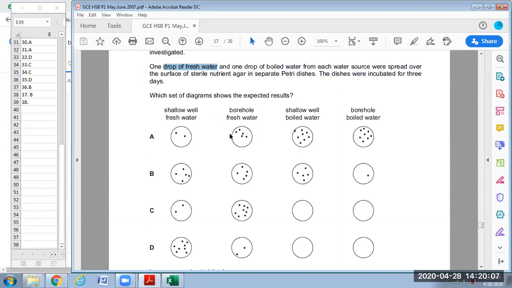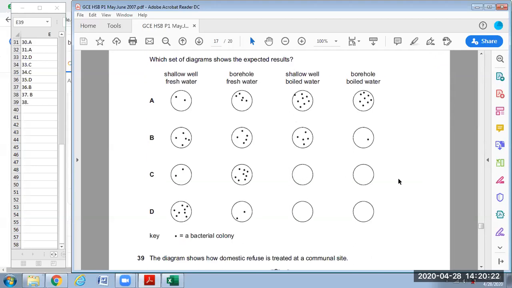Borehole, fresh water: bacteria. Shallow well, boiled water: plenty of bacteria. Borehole. Now, obviously, the boiled water will have no bacteria because boiling kills them. So let's see these blank. This one blank, this one blank. Borehole, fresh water has bacteria. Shallow well, fresh water has less bacteria.